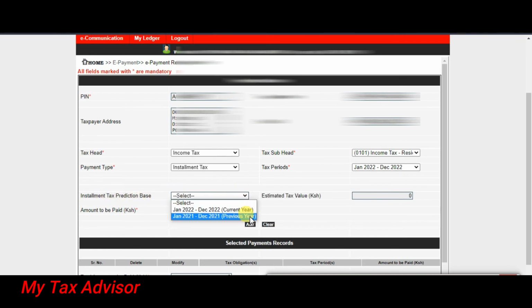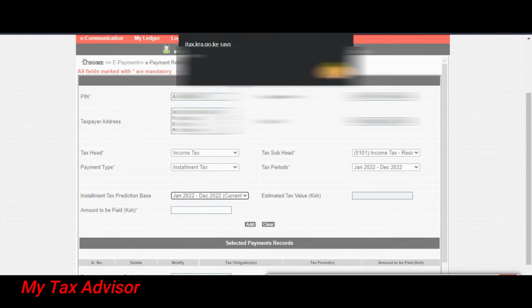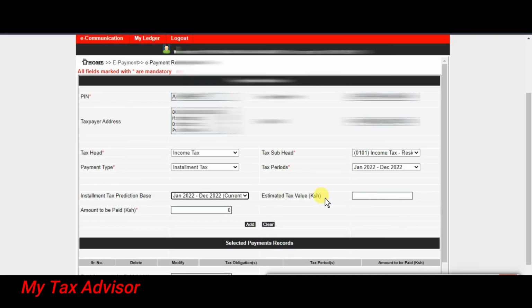Remember the two things that we said: the current year prediction vis-a-vis the previous year. So previous year is what we are multiplying by 110%. The current year is your own prediction. All right. So let us look at the two. The first one is the current year. Once you do the current year, it's gonna ask you what is the estimated tax value.